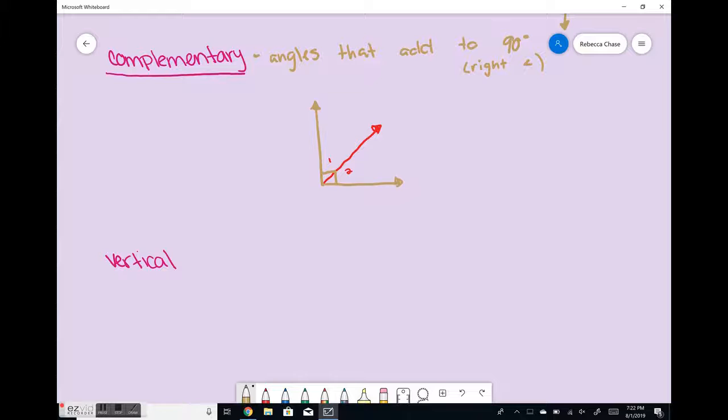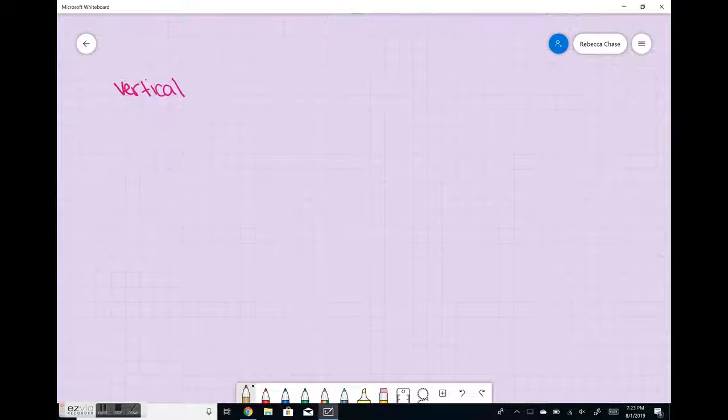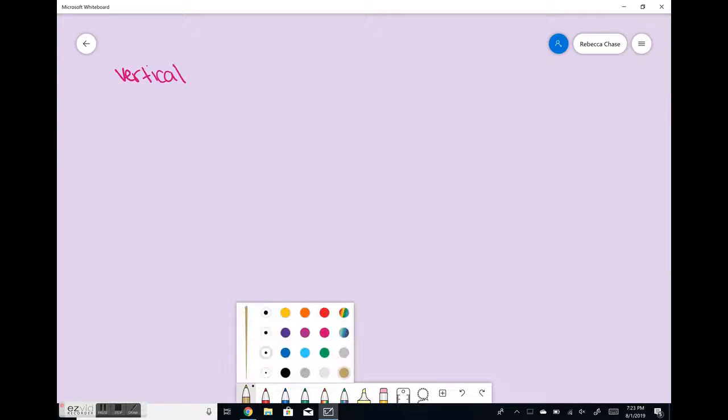It has to be specified that it is exactly 90 degrees, because if it's 89.9 degrees, that's not a right angle. But in this scenario, because that little box is down there, we can say that angle 1 and angle 2 are complementary angles. They're just angles that add up to 90 degrees.